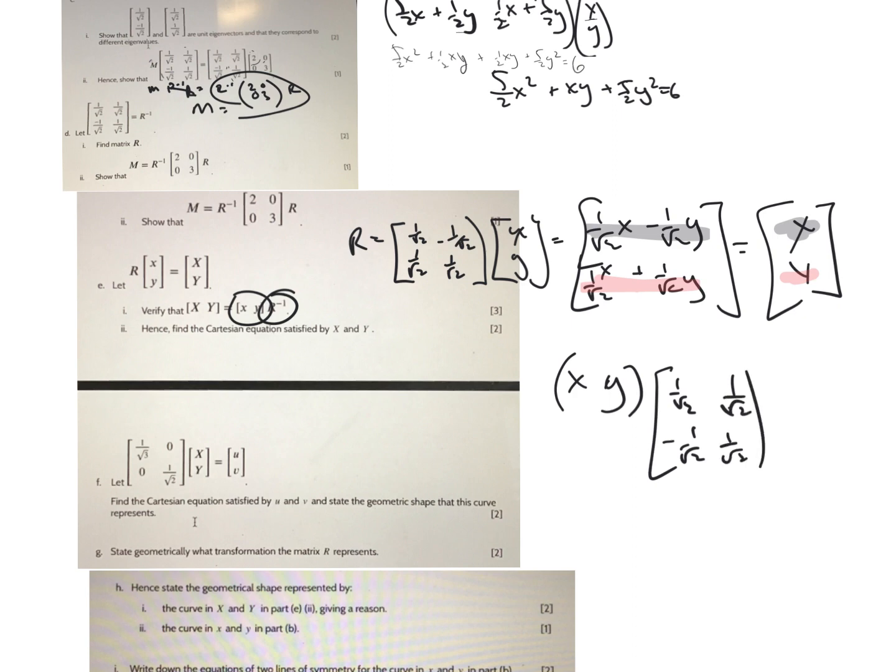And when I multiply that, I get 1 over root 2 x minus 1 over root 2 y.